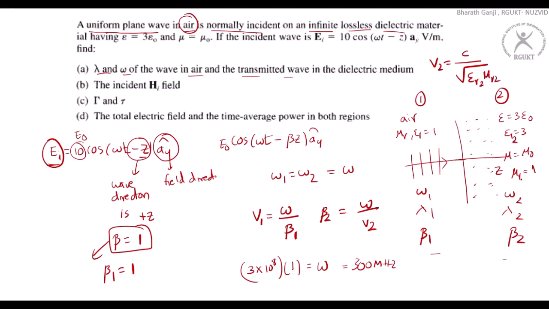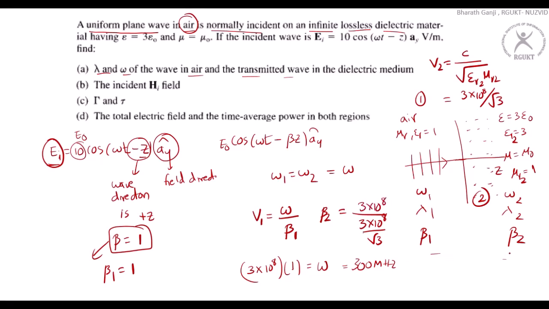If you substitute it, this is equal to 3 into 10 to the power of 8 divided by root 3, and of course the value here is 3 into 10 to the power of 8.